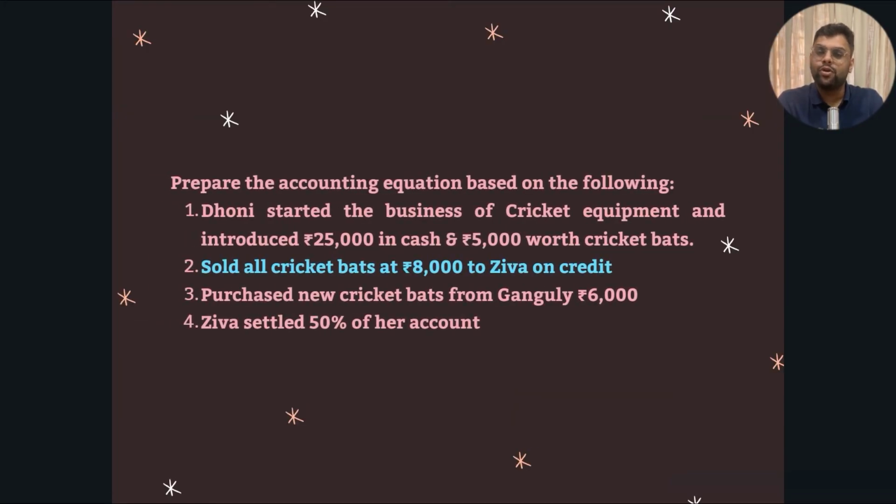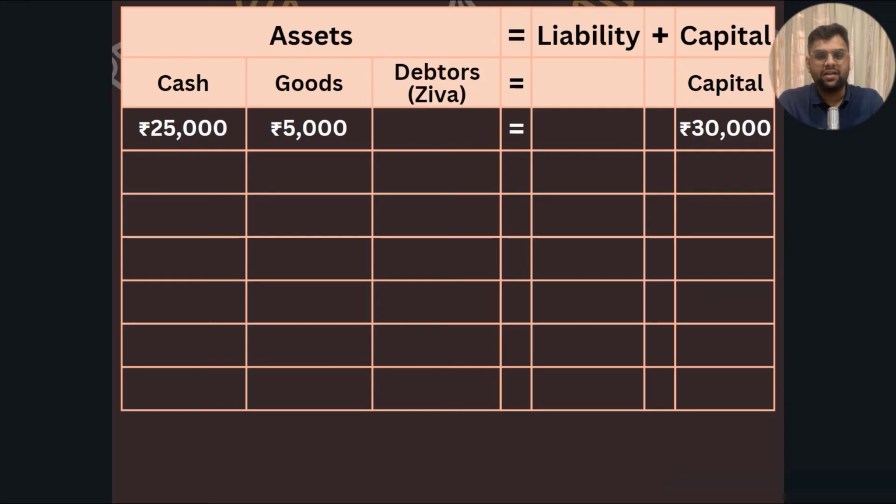Transaction number 2. Sold all cricket bats at rupees 8,000 to Ziva on credit. So from the business perspective, a debtor called Ziva increases by rupees 8,000 and simultaneously goods reduce not by 8,000 but by 5,000. There is a subtle indication there that you sold goods at 8 whose cost was 5.